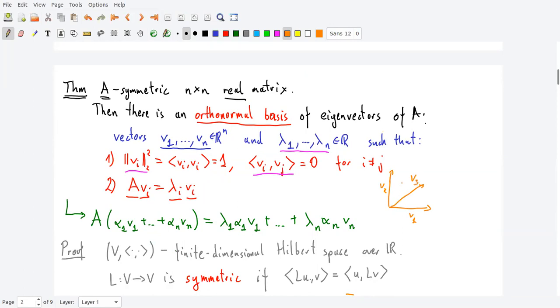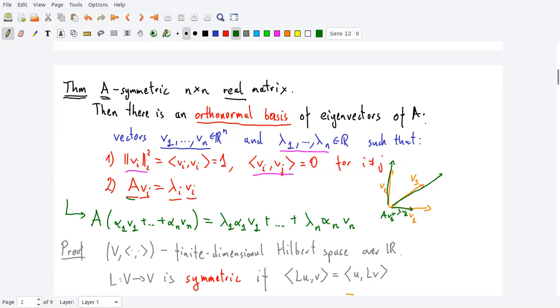I cannot draw in more dimensions, so let's stick with R3. What the matrix A does with those vectors is that, for example, v1 is maybe shortened to half, v3 is prolonged to twice, and v2 is prolonged a little bit. This is lambda 1 v1 and so on, the result of applying A to v1.